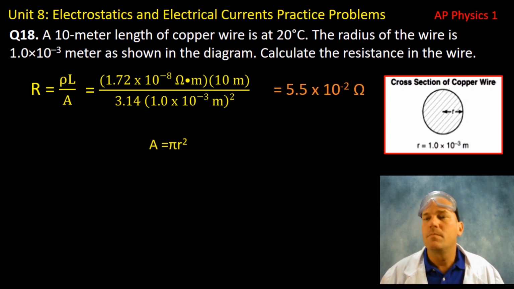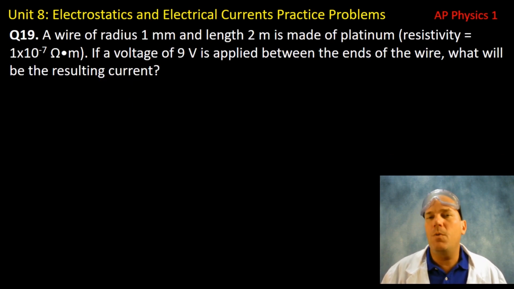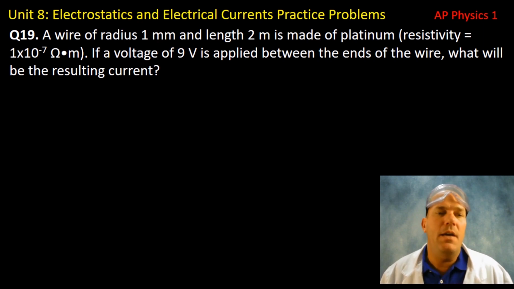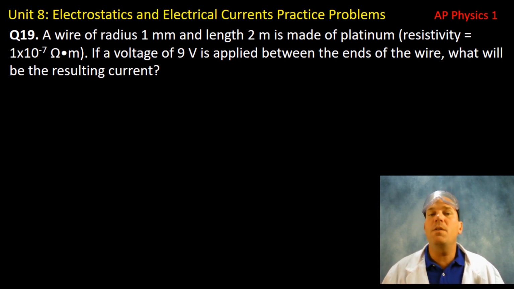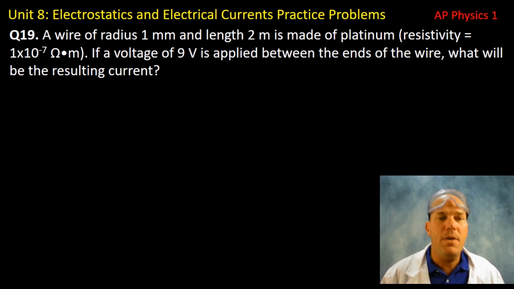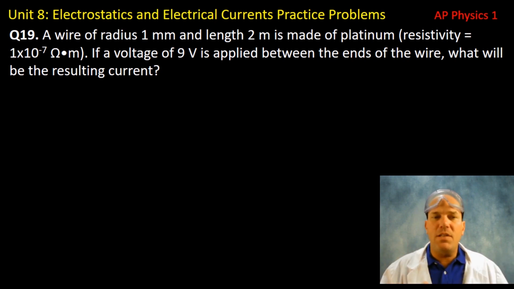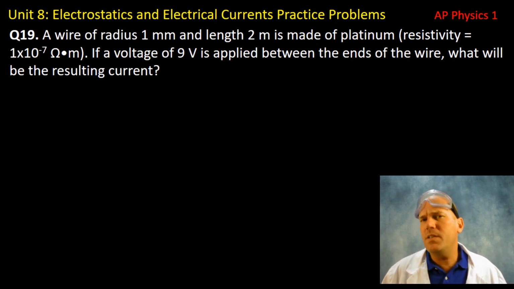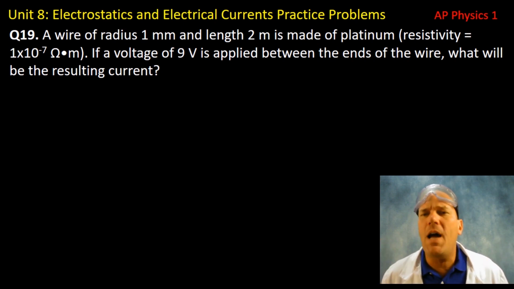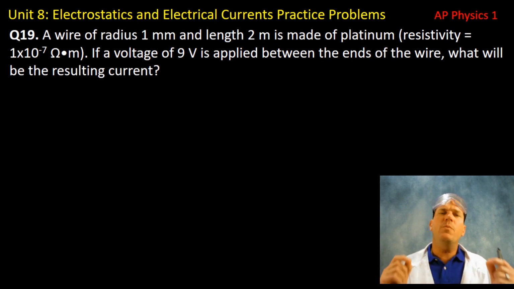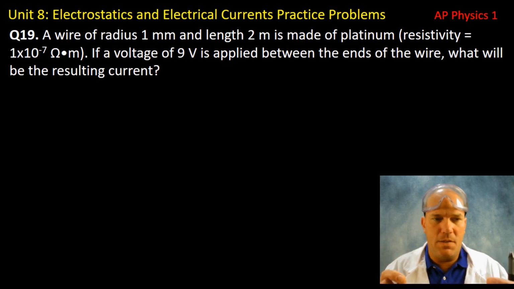All right. Now, moving on to question 19. A wire of radius 1 millimeter and length 2 meters is made of platinum. You're given the resistivity of platinum, and then you're asked if a voltage of 9 volts is applied between the ends of the wire, what will be the resulting current?